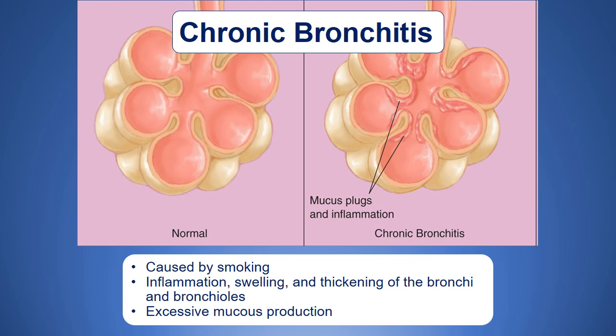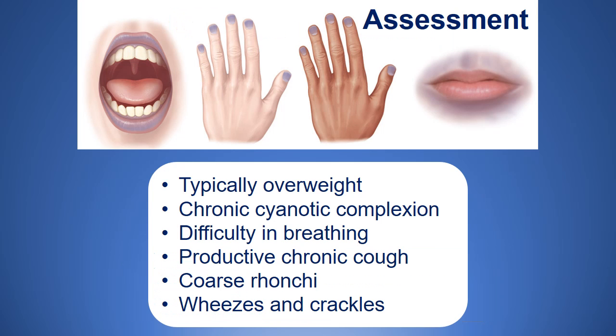Compare that to chronic bronchitis, that is a chronic inflammation, swelling and mucus production here in the lower airways, excessive mucus production. So we get that mucus rattling around. We get rhonchi. These are what we typically call blue bloaters because they are chronically cyanotic and chronically overweight.